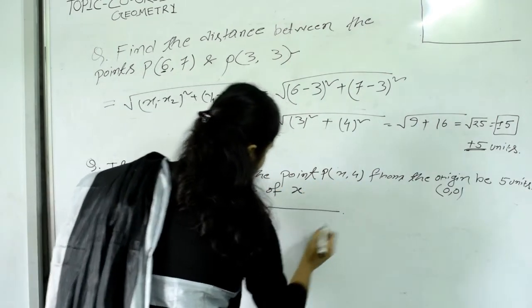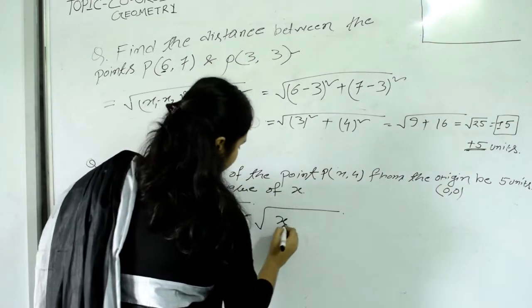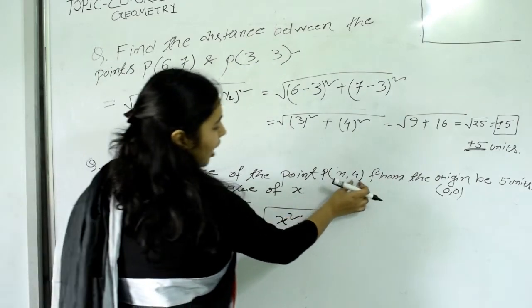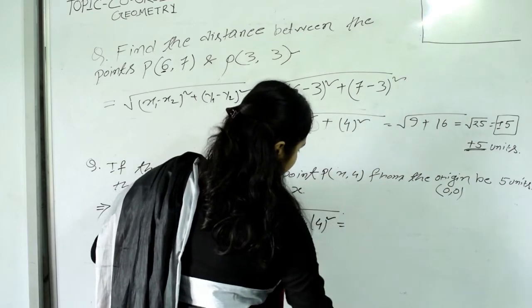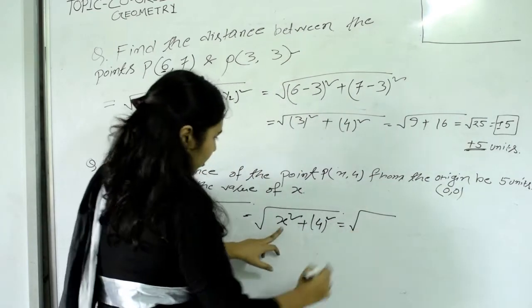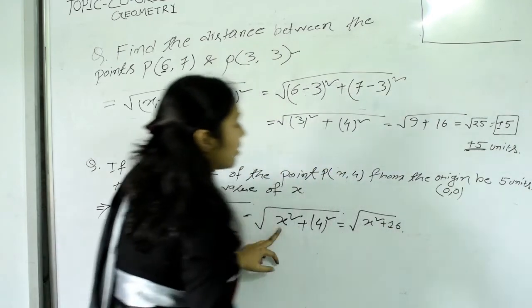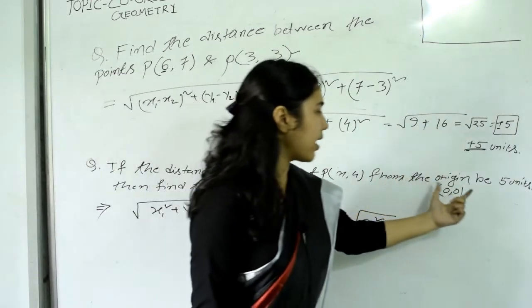Now put the values here. The x coordinate is x, so x square plus y1, the value of y1 is 4, so 4 square. This is equal to root of x square plus 16. Now the distance is given, right?